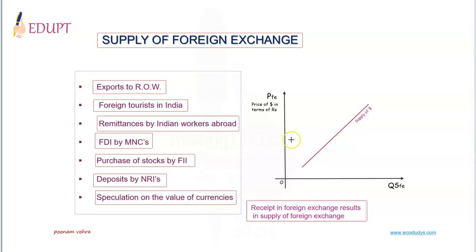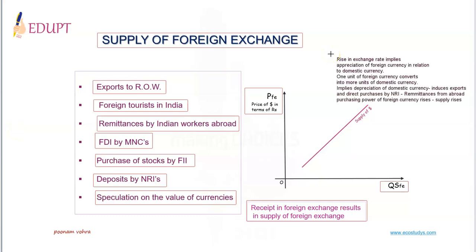One must also understand that there exists a direct relationship between price of foreign exchange and its supply, which is shown diagrammatically when quantity supplied of foreign exchange is taken on x-axis and price of foreign exchange in terms of rupees is taken on y-axis. The direct relationship is shown by the upward sloping supply curve. Let's understand the reason for direct relationship between price of foreign exchange and its supply.